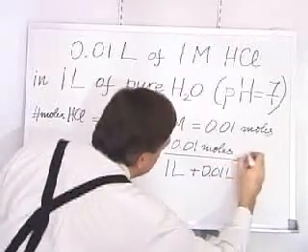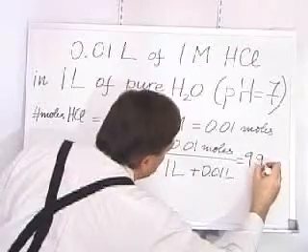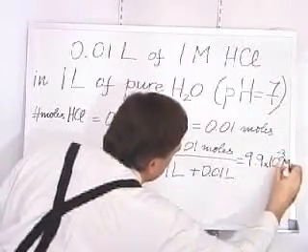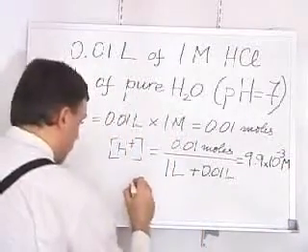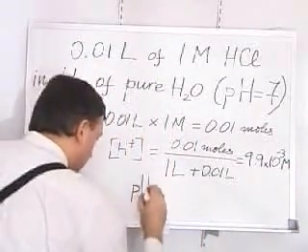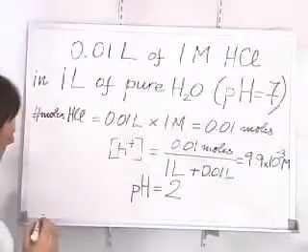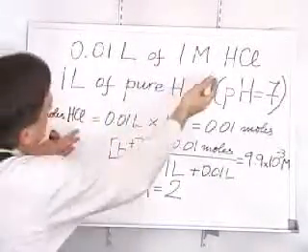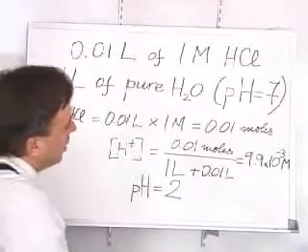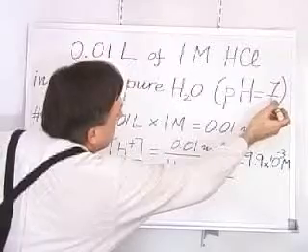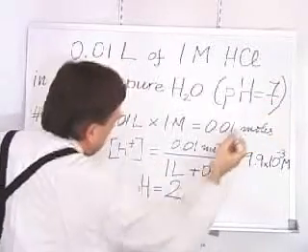And this is equal to 9.9 times 10 to the minus third molar. This corresponds to pH 2. Now we see that upon introduction of this amount of hydrochloric acid, the pH changed 5 pH units, from 7 to pH 2.